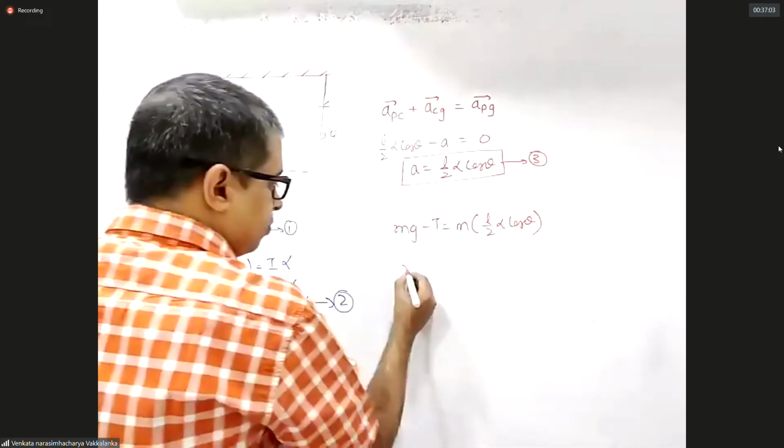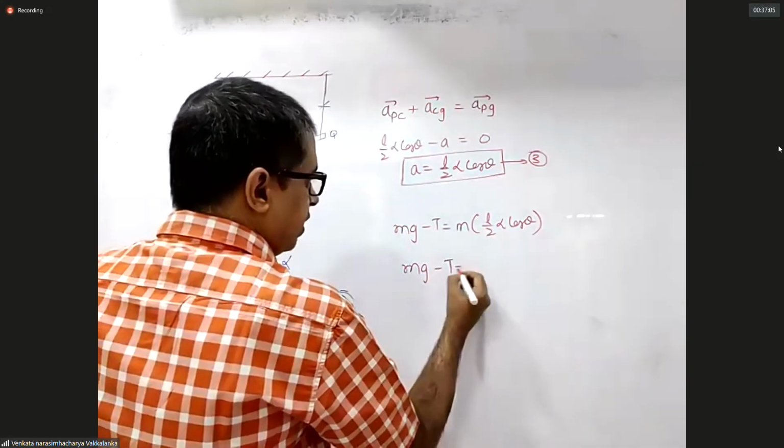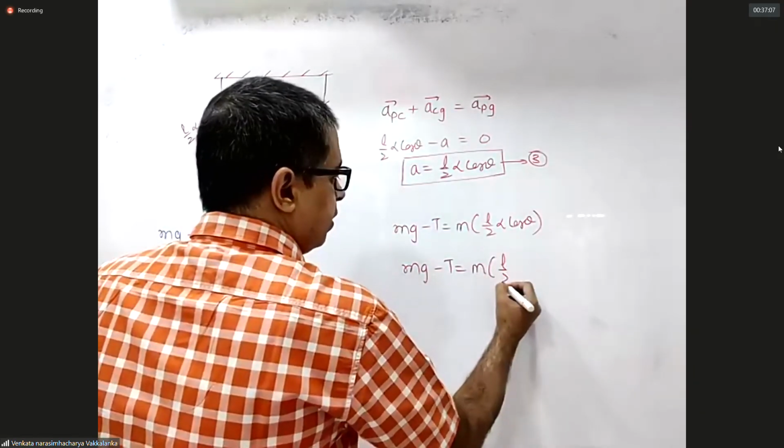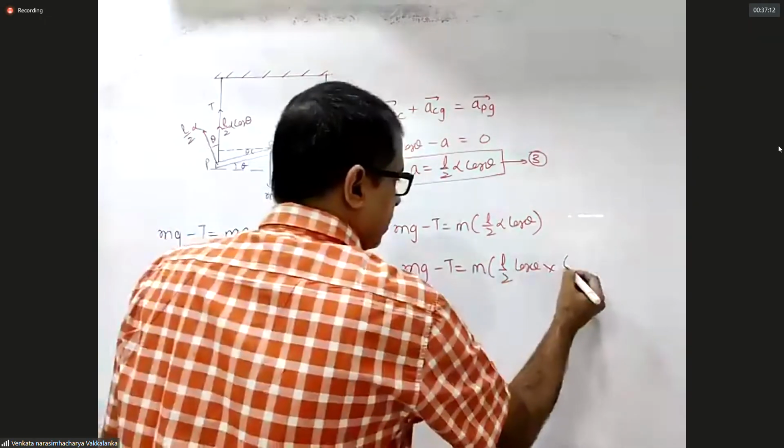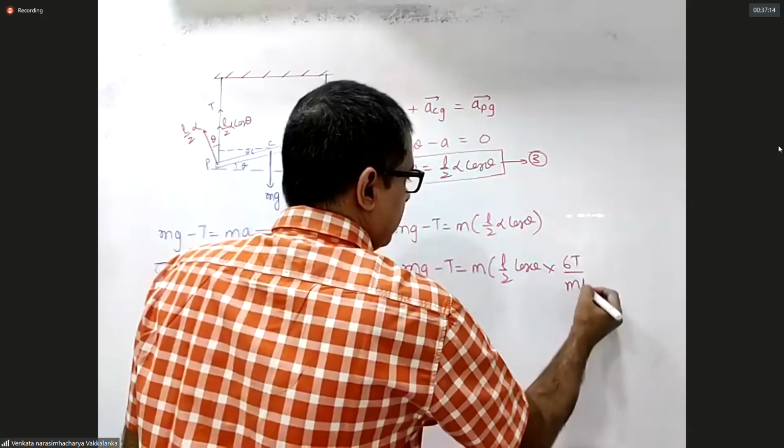When I substitute here, mg minus T is m into L by 2 alpha cos theta. Substituting alpha: mg minus T is m into L by 2 cos theta into alpha, and alpha I take from here as 6T cos theta by ML.